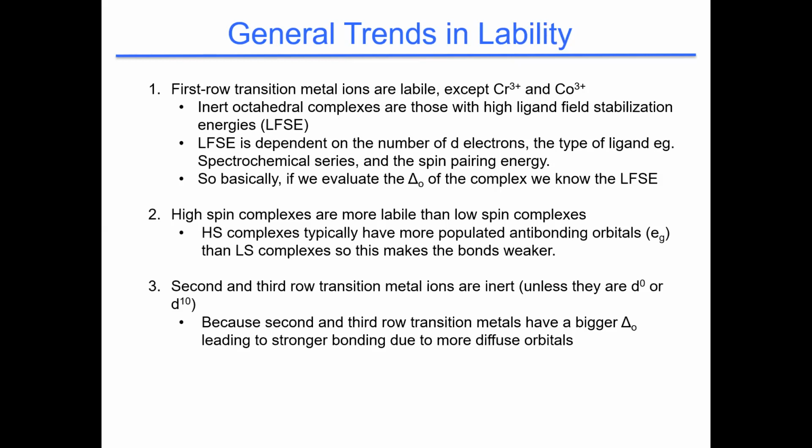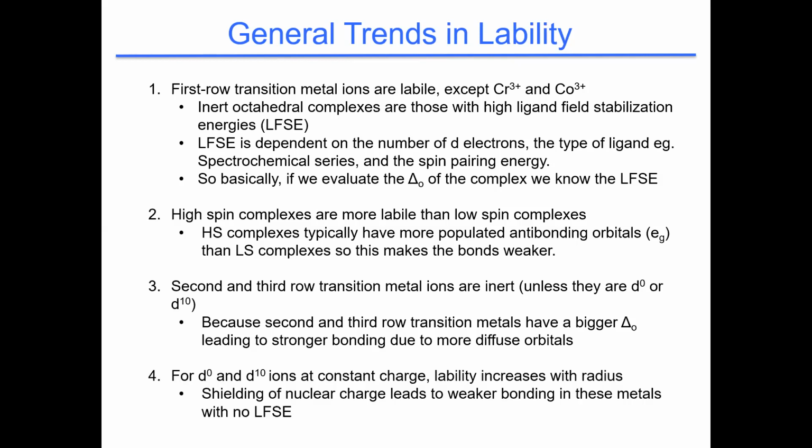Second and third row transition metal ions are generally inert unless they're d0 or d10. And this occurs because the second and third row transition metals have larger delta octahedral splittings, which leads to stronger bonding caused by the increased diffusivity of the d orbitals in these larger metal ions.